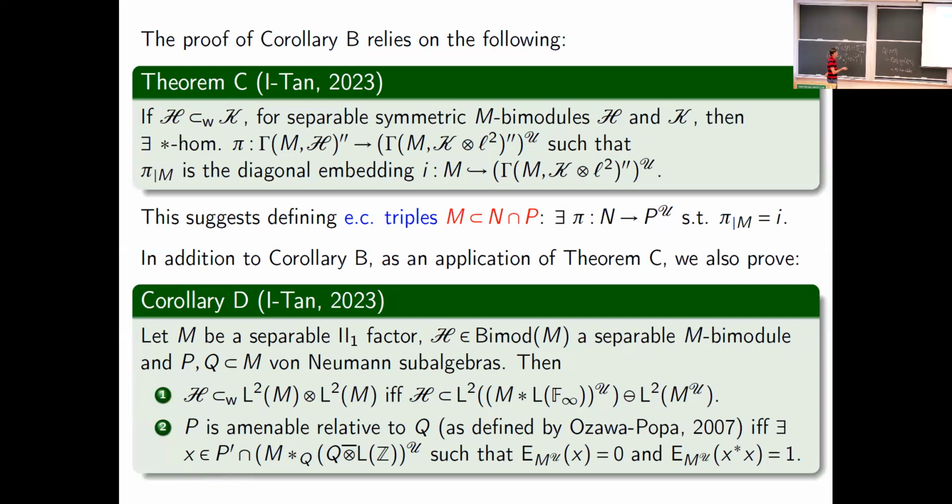Essentially X is a unitary, but with the weaker condition that I just require that the projection onto M^U of X star X has to be 1.